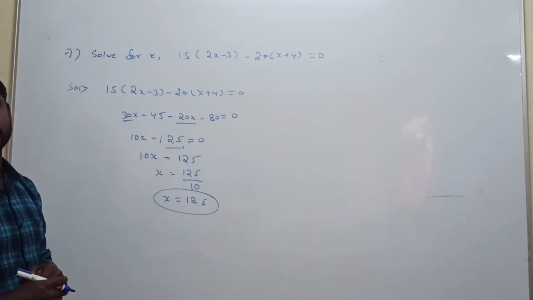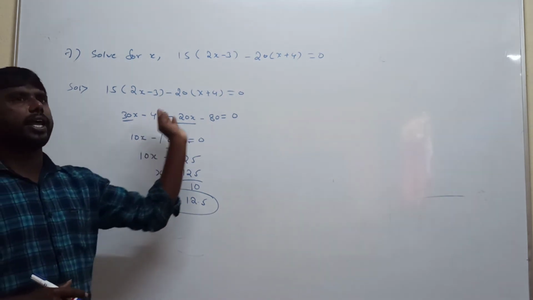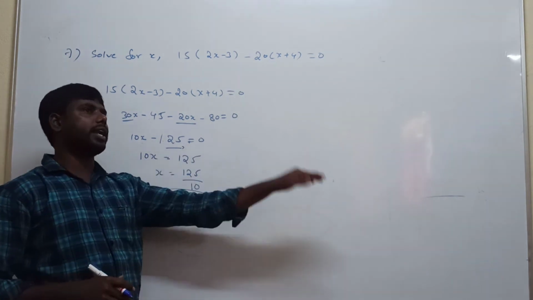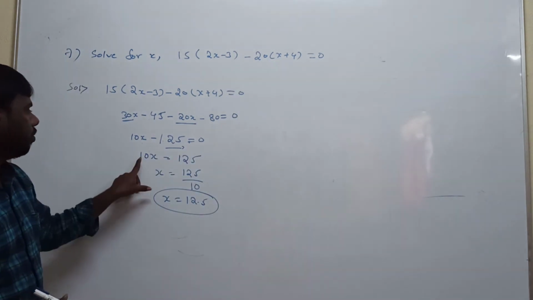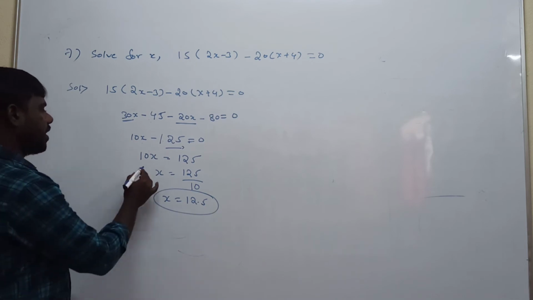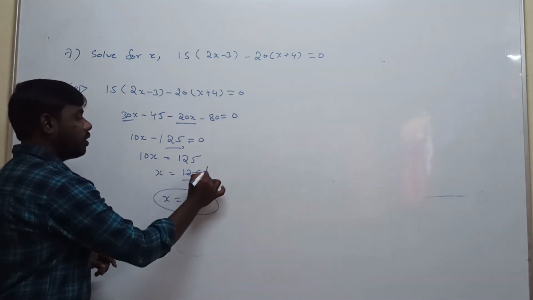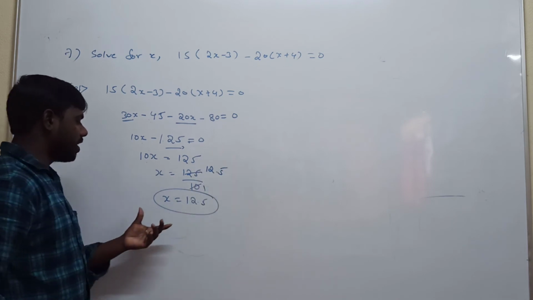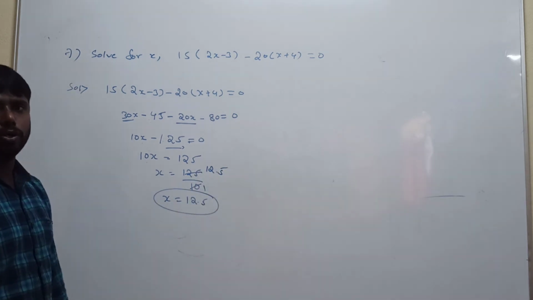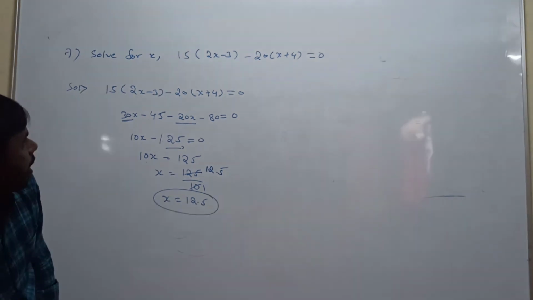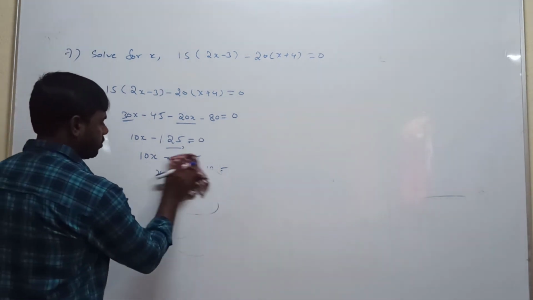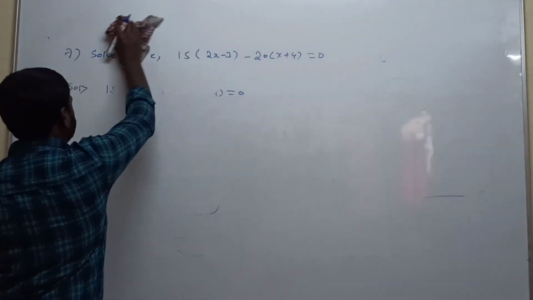To calculate the x value, take the constant to the right hand side: minus 125 becomes plus 125. So x is 125 divided by 10, which is 12.5. The final answer is x is equal to 12.5. The left over questions we will discuss tomorrow.